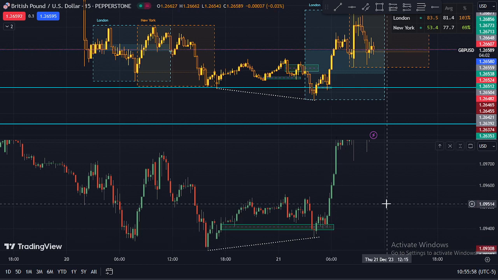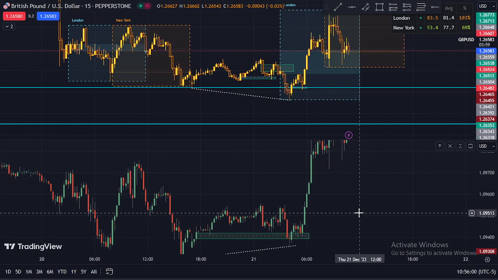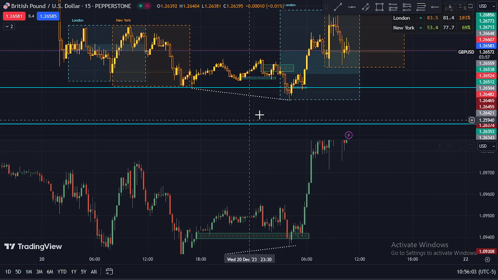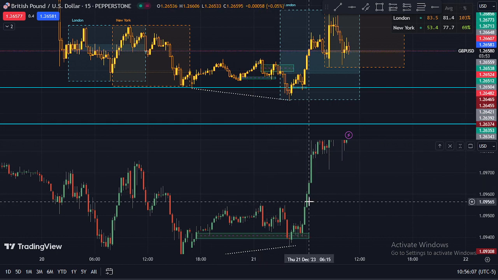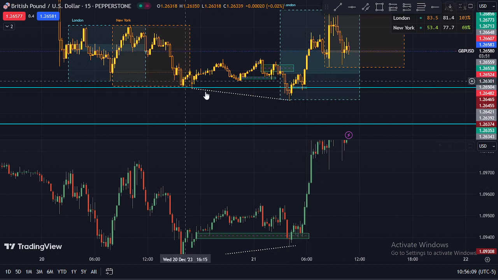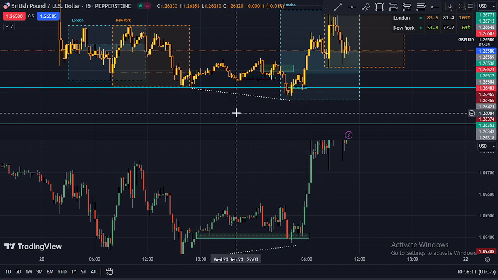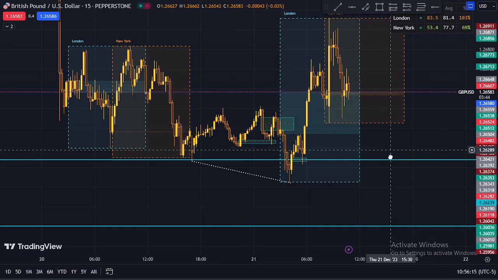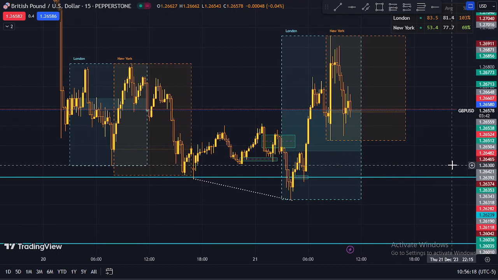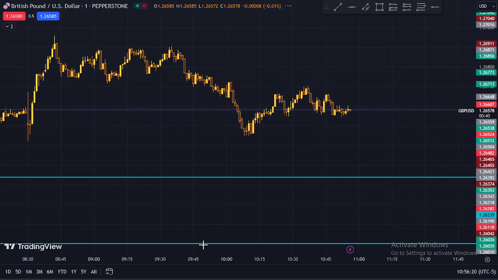So we had that. So now we're going to dive into the 1 minute chart in both assets, and then we see how we could have framed the entries. So let's start with British pound. So we go into a 1 minute chart.